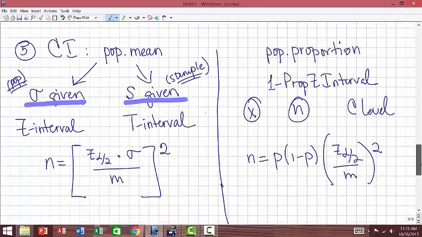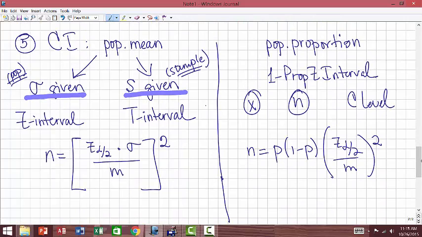The common mistake I see most often is people confusing these two formulas. Let's say you have a problem about population mean. If you try to use the proportion formula, it is not going to work. It will give you negative numbers or numbers that don't make any sense. So figure out which one you are dealing with, population mean or proportion.